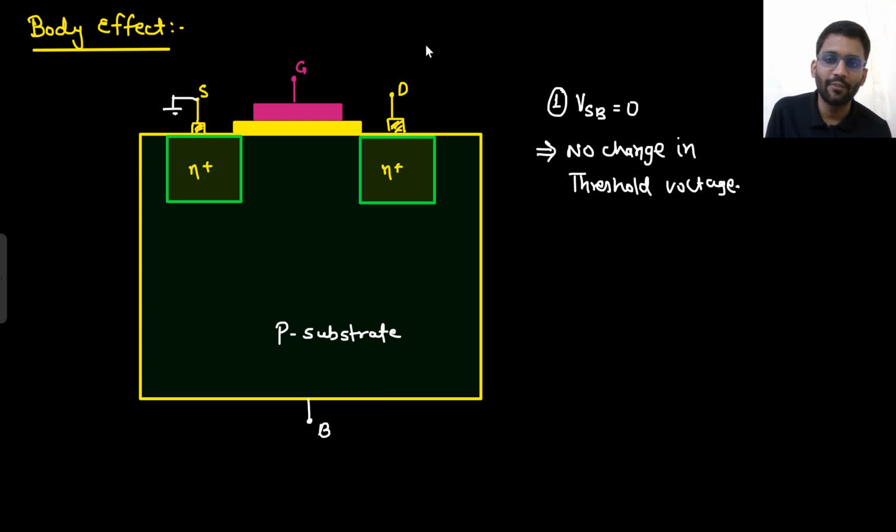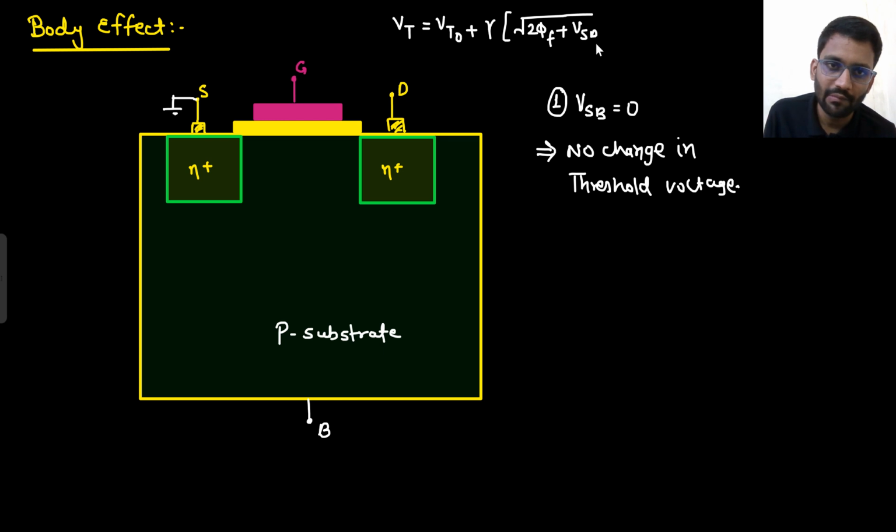So there is a formula which you don't need to remember, but I am just writing it. Vt equals Vt naught plus gamma times the quantity root of 2 phi f plus Vsb, minus root 2 phi f.